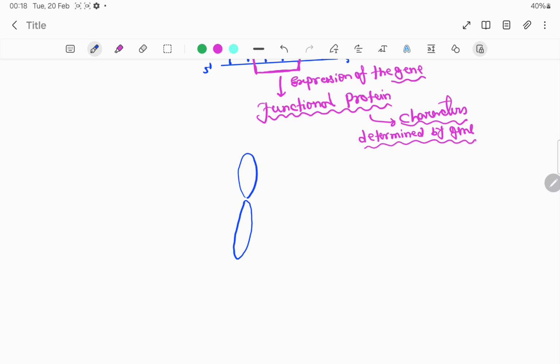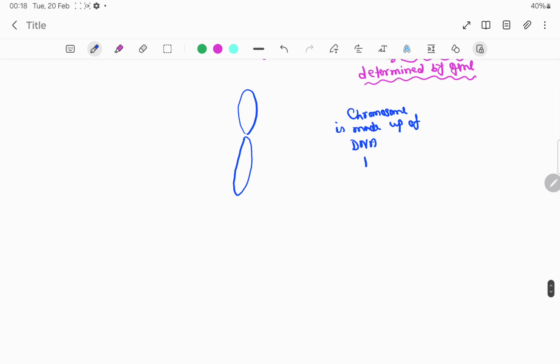In DNA there is gene, because gene is actually the part of the DNA. That means from here you can say that in chromosome gene is present.